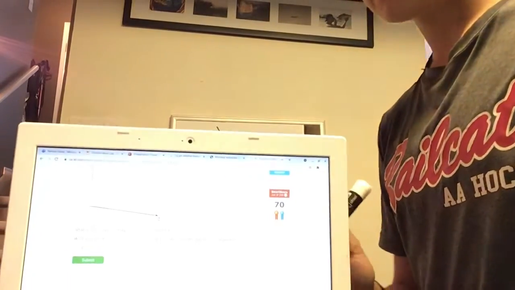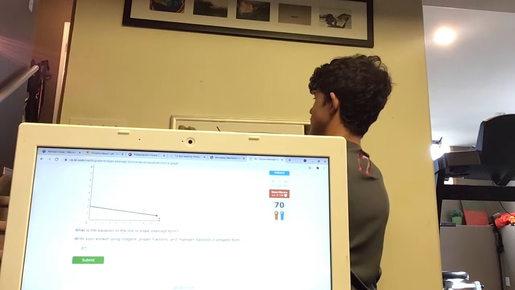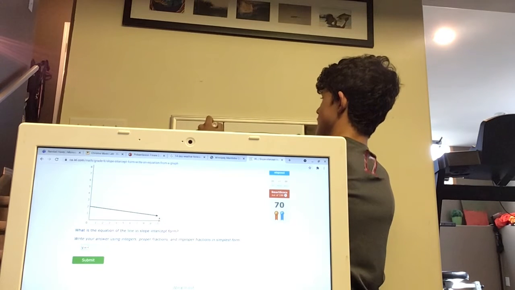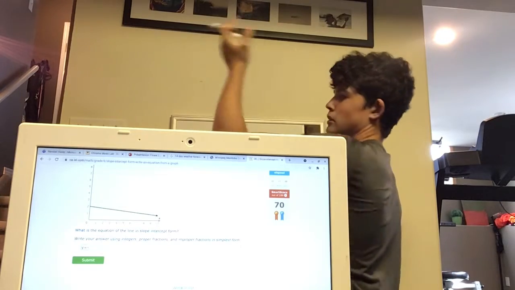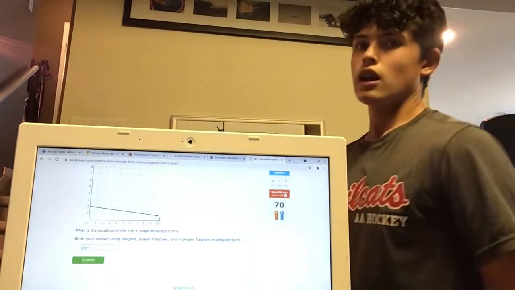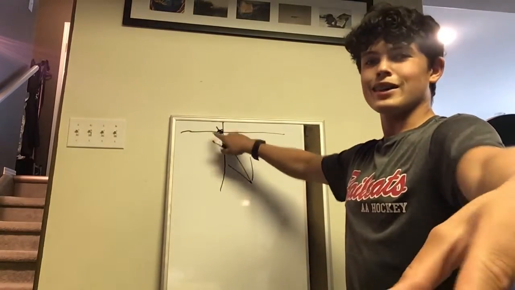Remember, y-intercept. Pretend this is a y-axis, here's the y-axis, here's the x. That would be our y-intercept.